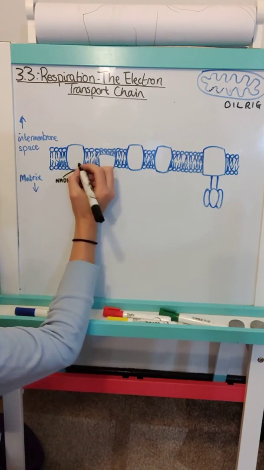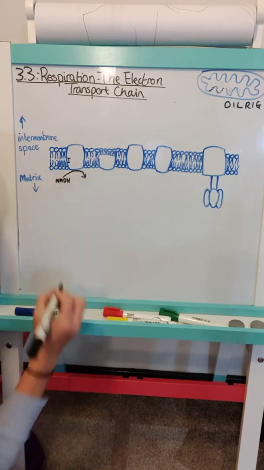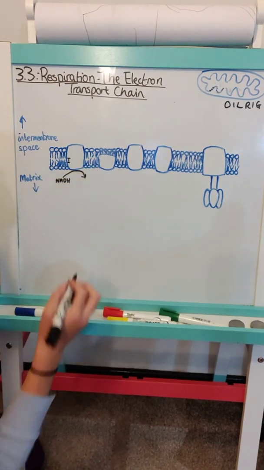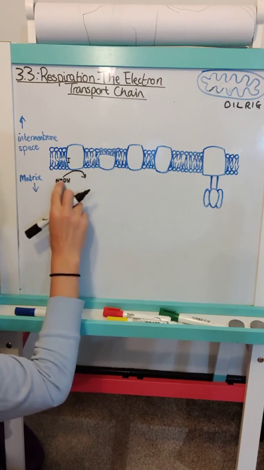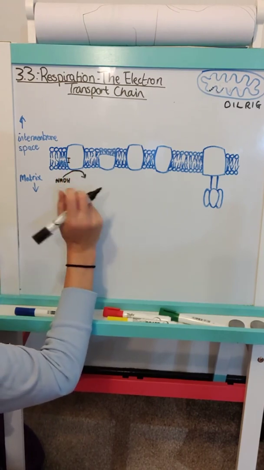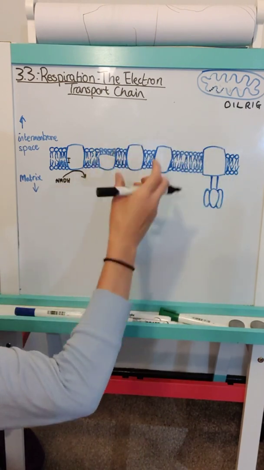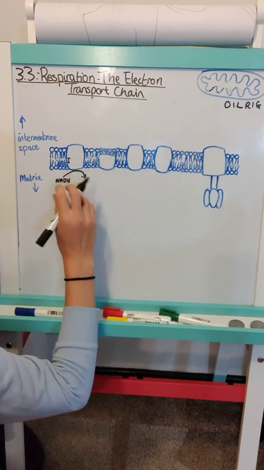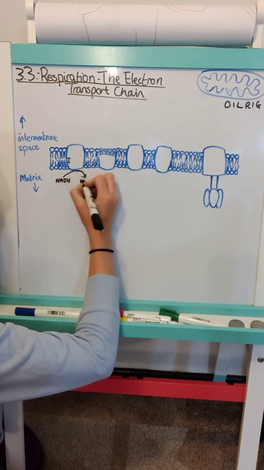So this first complex here, now I'll label it as complex 1 because it's sometimes referred to as that. It has reduced NAD here dropping off its electrons. So if something is reduced, it's got extra electrons, it's now being oxidized to NAD.